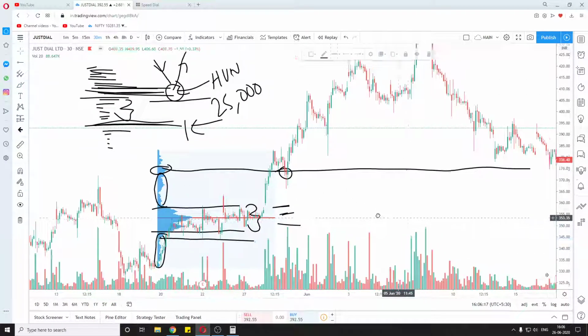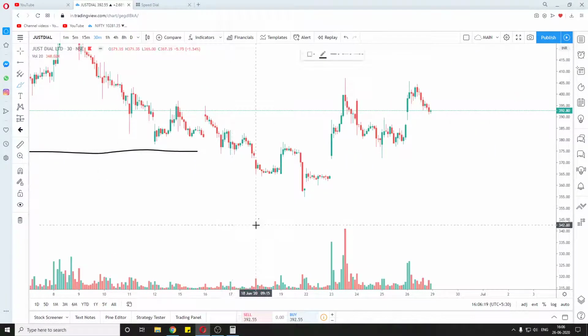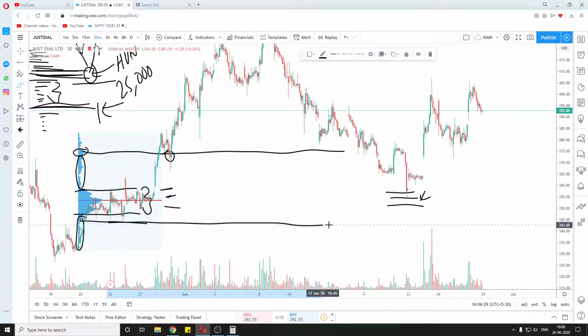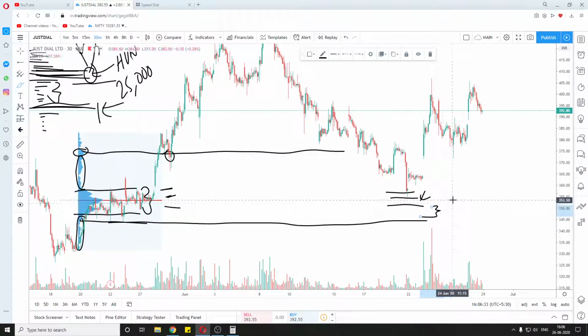So let's say our buying orders are 357, 355 and 353, then our average becomes 355. Then our stop loss is coming somewhere around 345, that is 10 rupees stop loss, and our target is coming around 10 rupees as well, because this was previous support, now will act as a resistance.